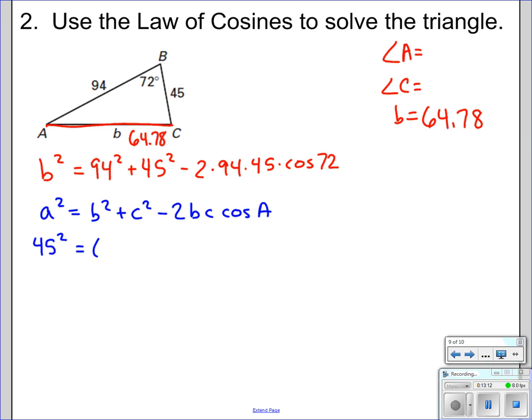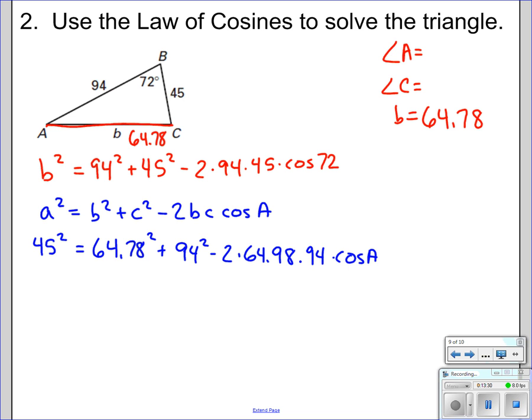B squared is 64.78 squared. C was 94 squared minus 2 times b times c times the cosine of angle A.